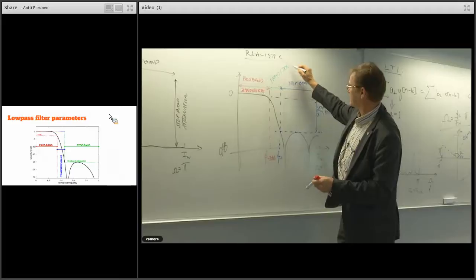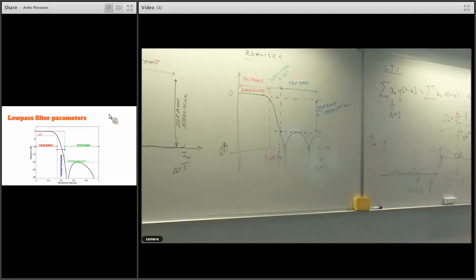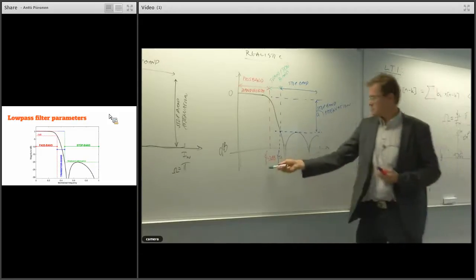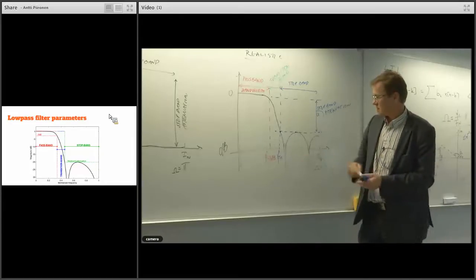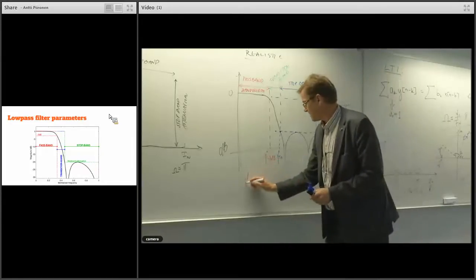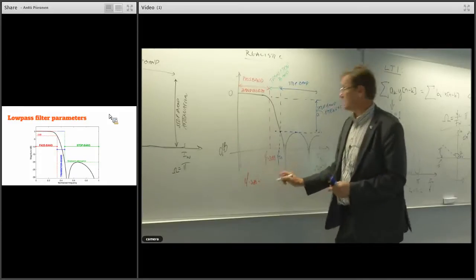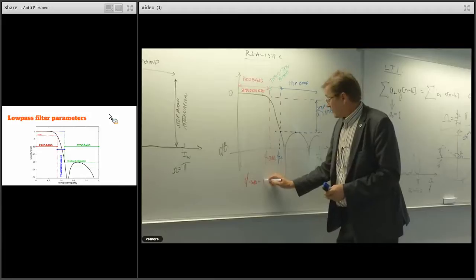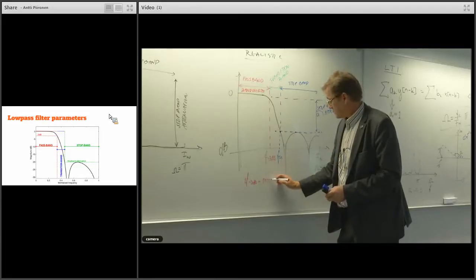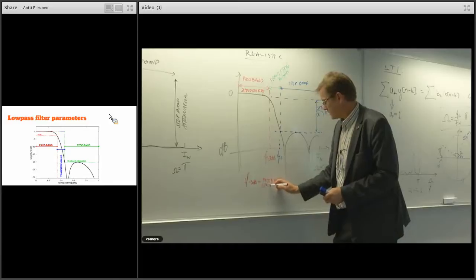All right, so those are the parameters. So that's the f minus 3 dB, which is the passband corner frequency.